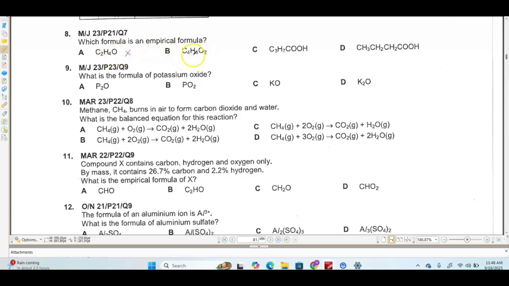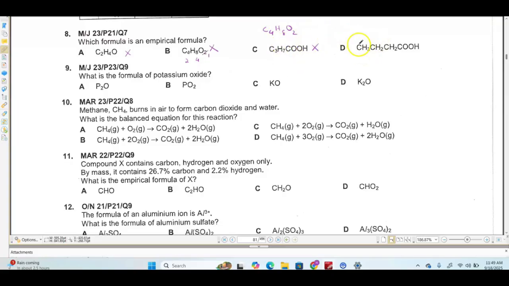This formula is not an empirical formula since it can be simplified: 2, 1, 2, 4 and 2. This is not an empirical formula. If we see this, we can do C4, H8 and O2, and these can be simplified as well. So this is not an empirical formula.